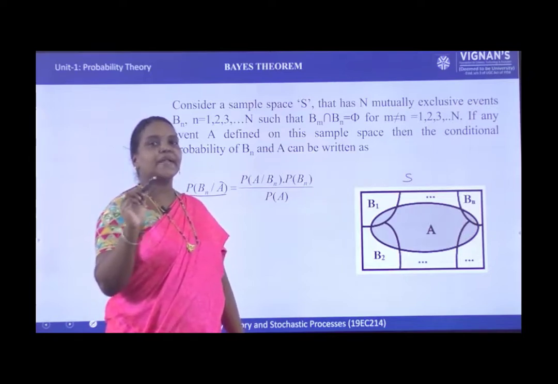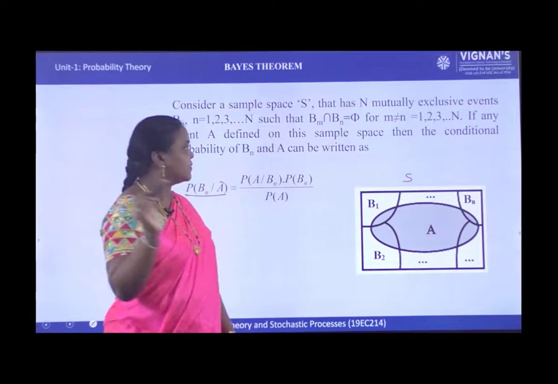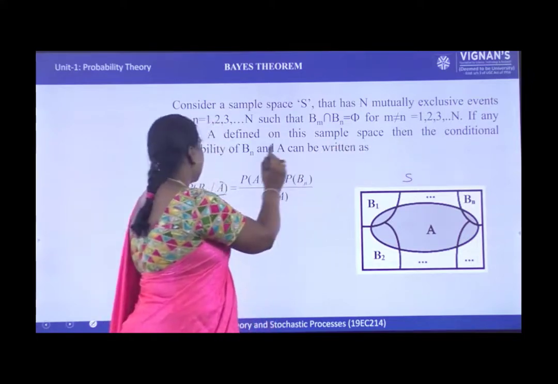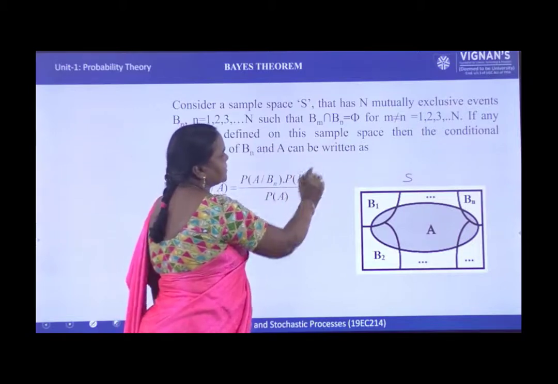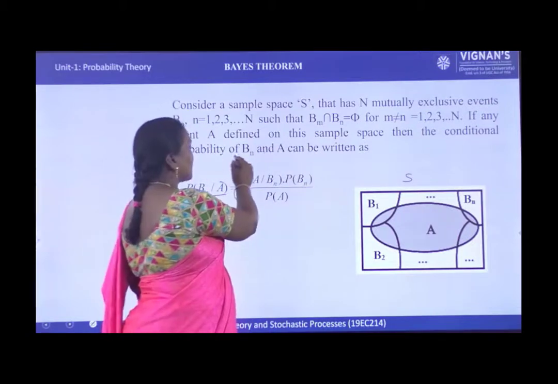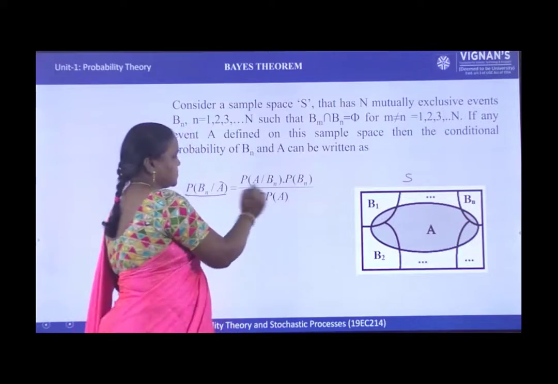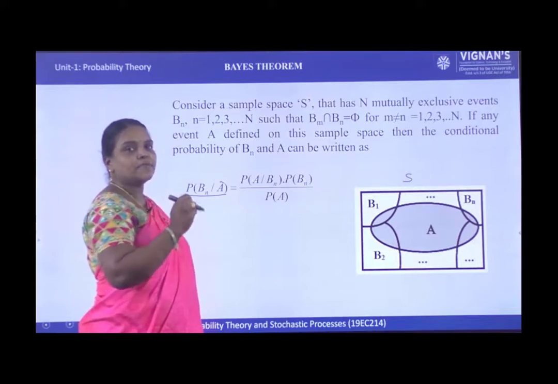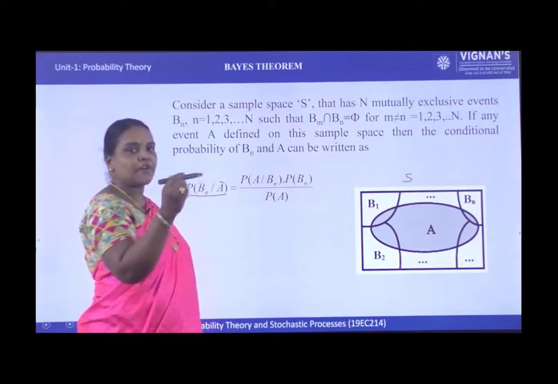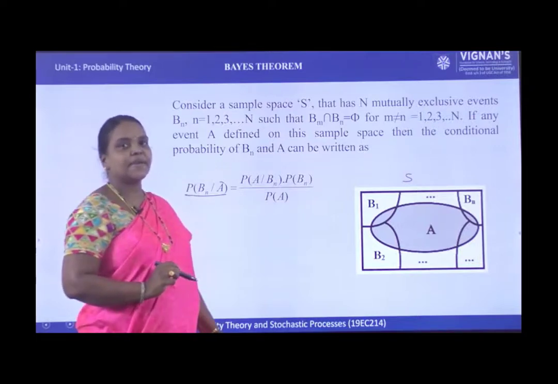And here m and n values start from 1, 2, 3 and so on up to n. If any event A is defined on this sample space, then the conditional probability of Bn given A can be written like this. So P of Bn by A is equal to P of A by Bn into P of Bn, whole divided by P of A. That is Bayes theorem.